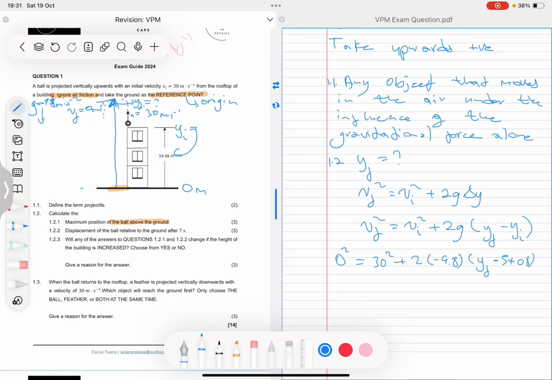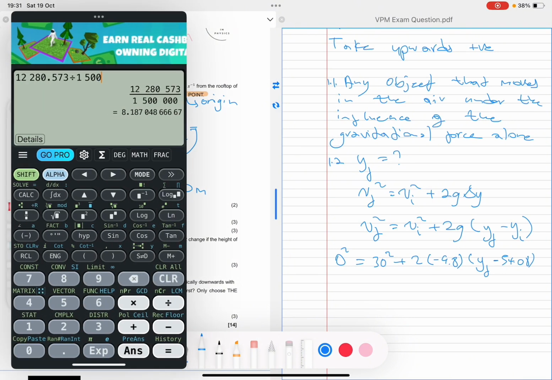So now we're just going to use our calculator and say 30 squared. That will give me 0 this side, and I'll have 900 plus 2 times 9.8.